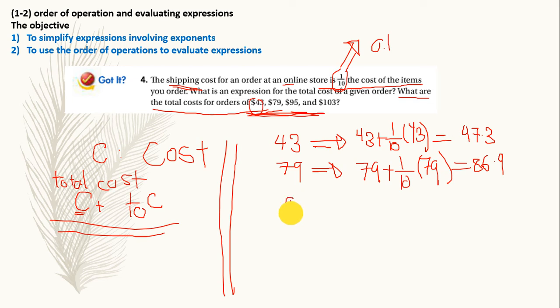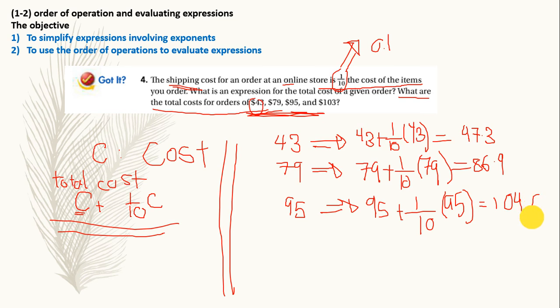Also, once we have 95, you will evaluate 95 plus 1/10 times 95, which equals 104.5.